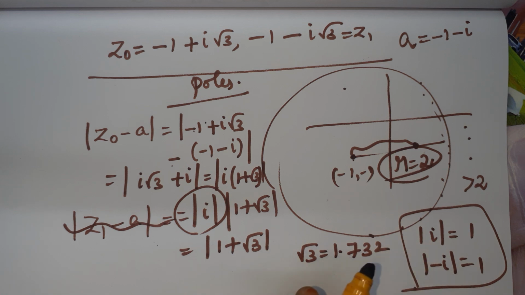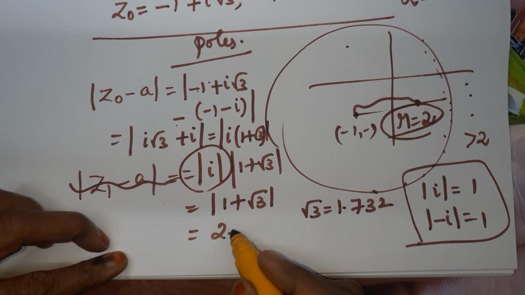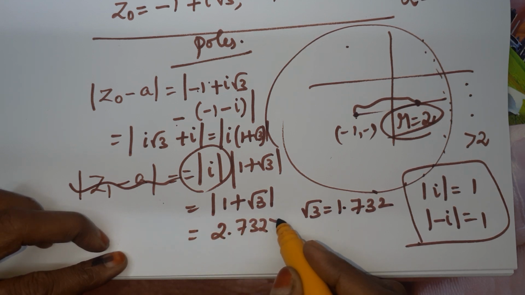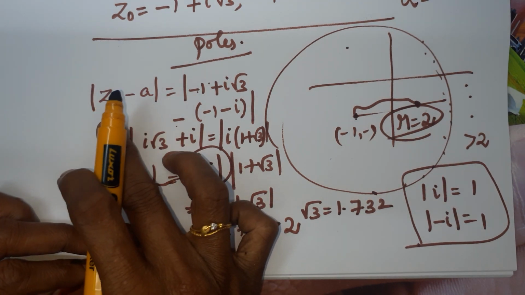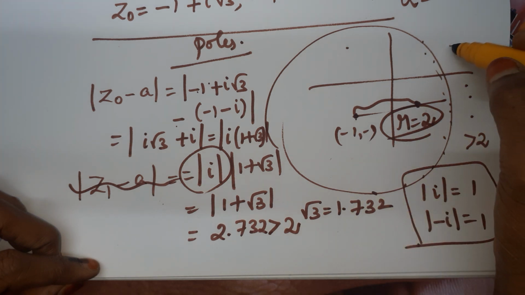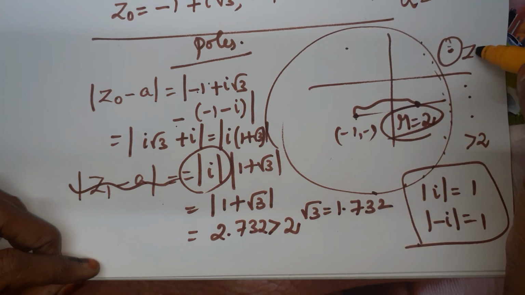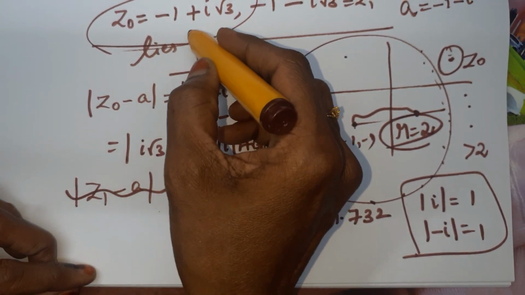So when we add 1 to it, obviously the value is 2.732, which is greater than 2. So the distance between z0 and a is greater than 2, which means this z0 lies outside.